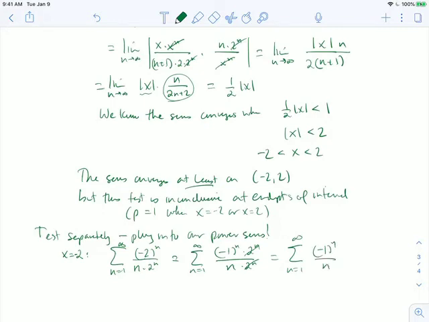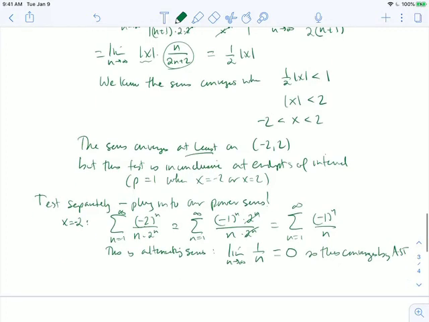And so we've got an alternating series. And we want to go back and remember how we test alternating series. I look at the limit as n goes to infinity of the general term without the -1 to the n. So I take the positive part of that and look at the limit as n goes to infinity of that. Well, in this case, that's equal to 0. So this converges by the alternating series test. So -2 is in the interval of convergence.